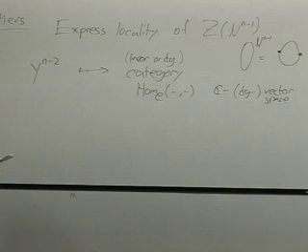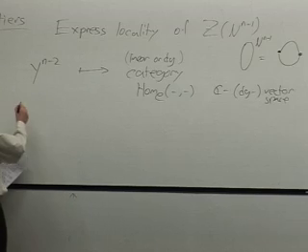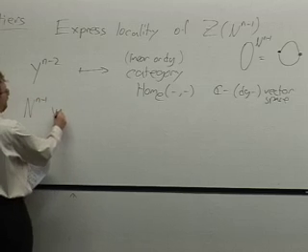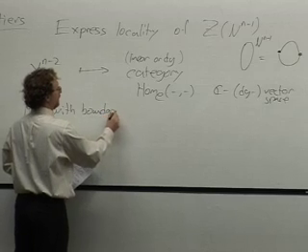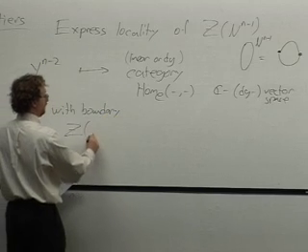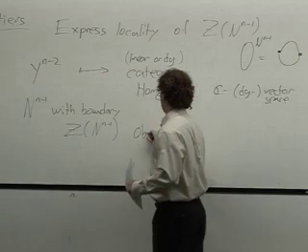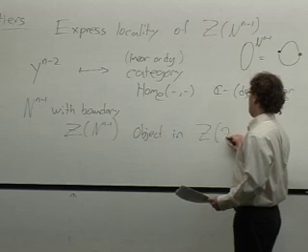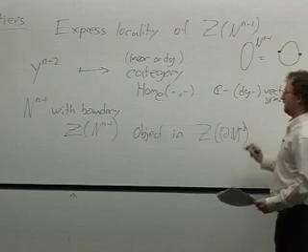So the first structure that we want is that if you have an n minus 1 manifold with boundary, then I want to assign to it now an object in the category Z of its boundary, which is now an n minus 2 manifold.